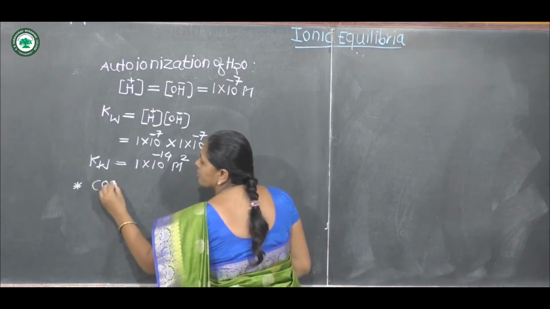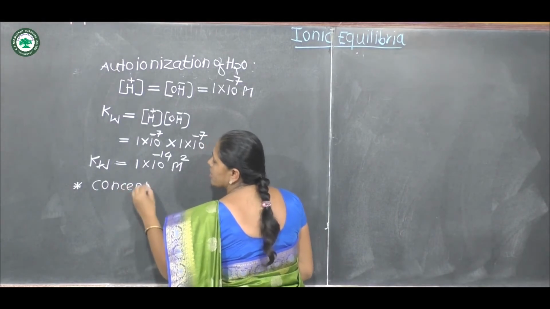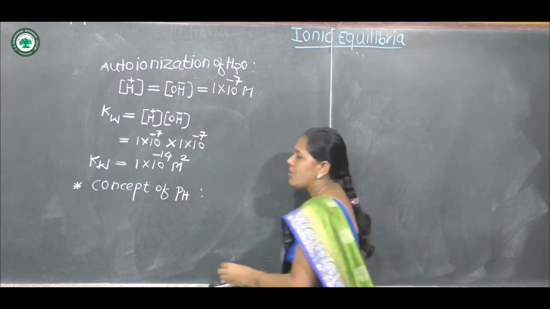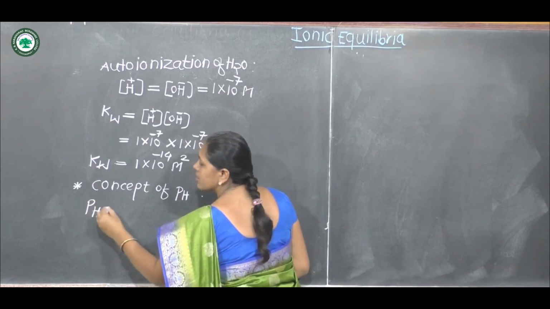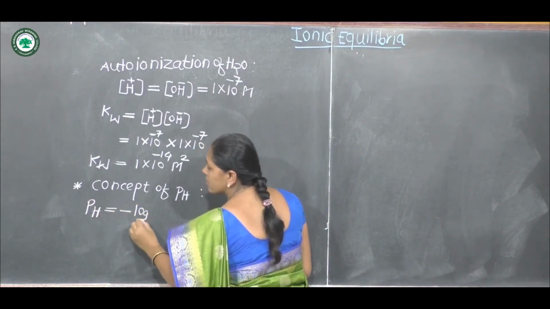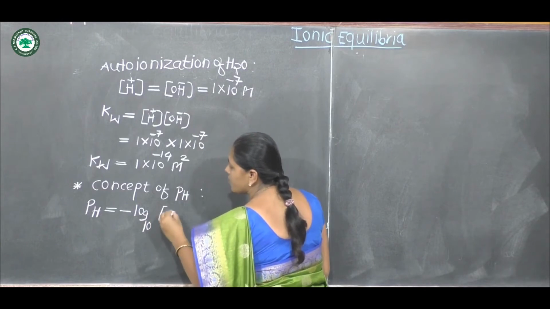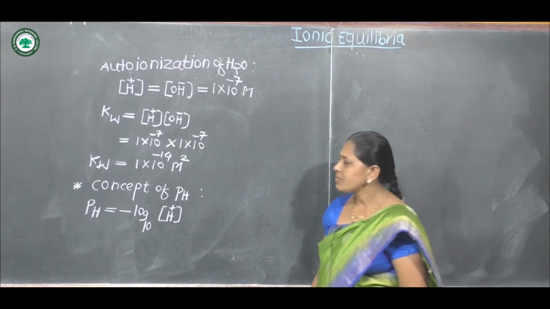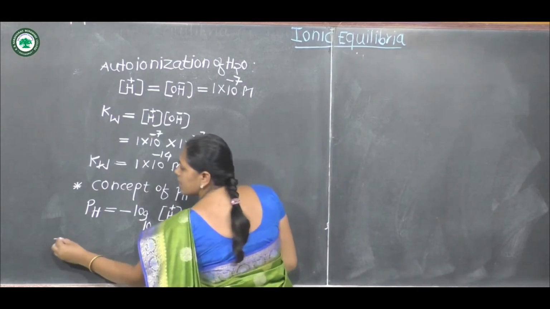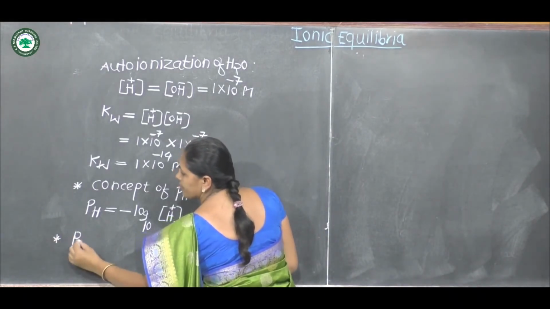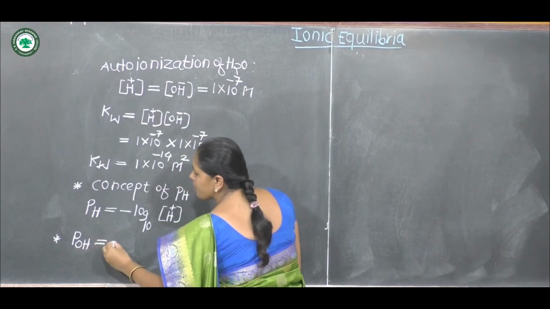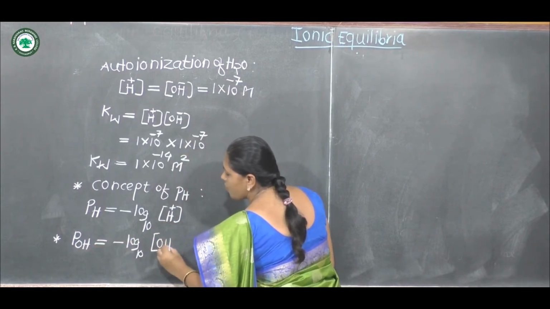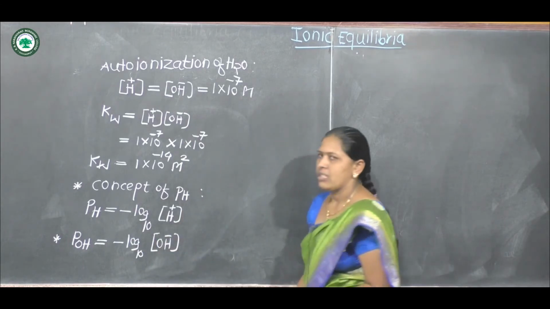Then next is the concept of pH. pH is the negative log to the base 10 of H plus ion concentration. Then pOH. pOH is equal to negative log to the base 10 of OH minus ion concentration.